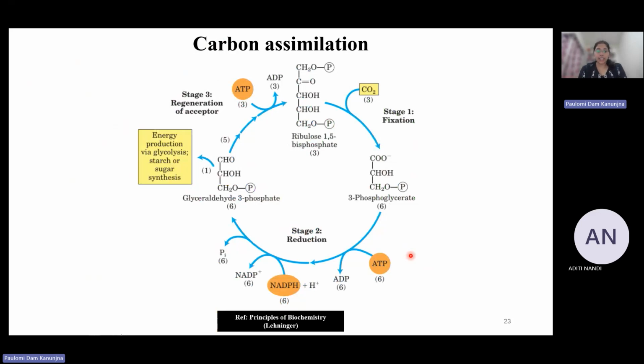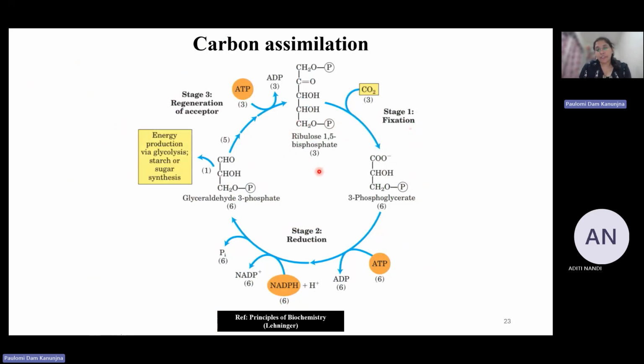As you can see, carbon assimilation occurs in 3 stages. What are these 3 stages? First is the fixation. What is getting fixed? CO2 is getting fixed. And with what? The first compound that begins the entire assimilation process is ribulose 1,5 bisphosphate.